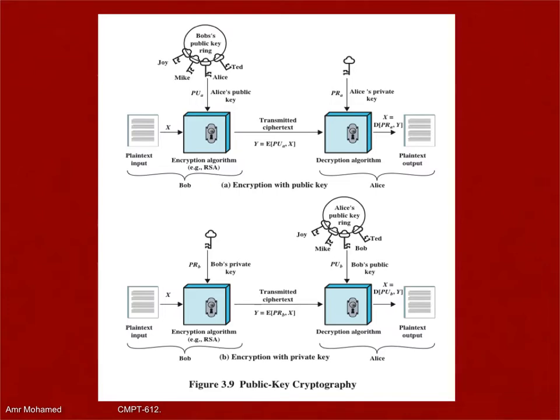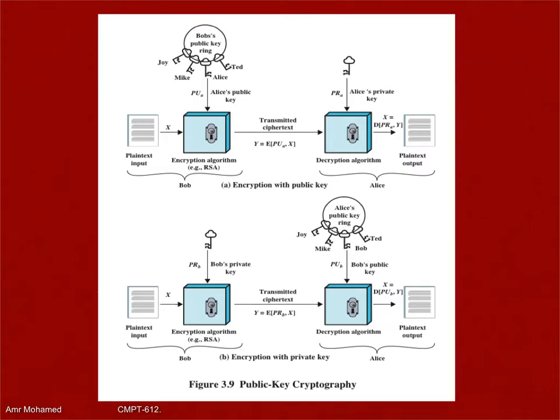Of course, there is the condition of reversibility when it comes to some public key cryptography, not all of them. We'll talk about which ones fulfill the condition of reversibility.